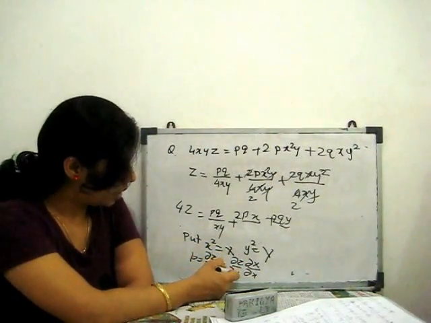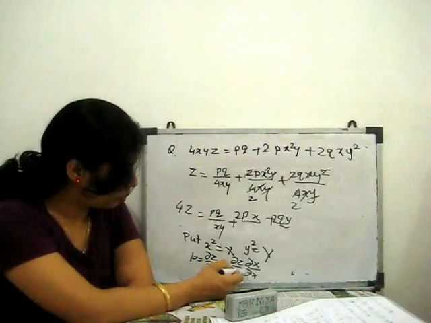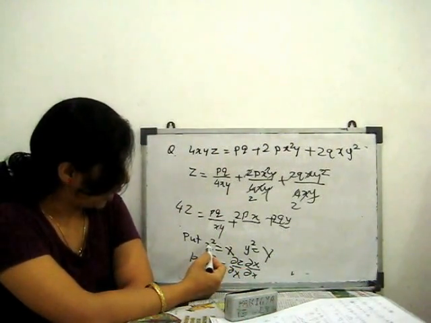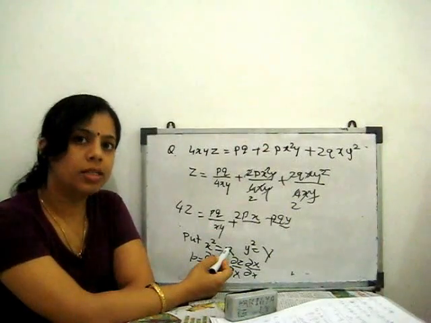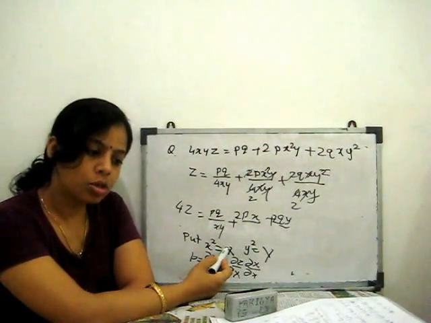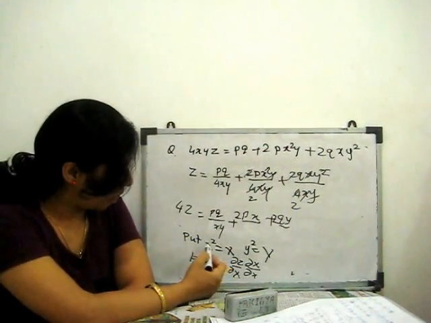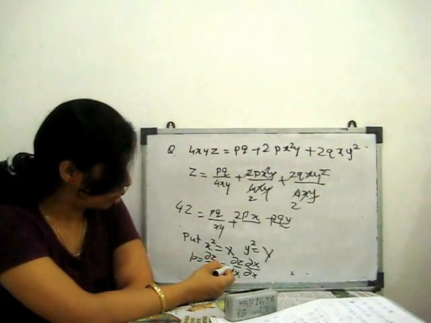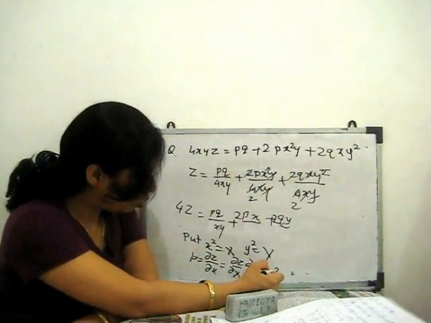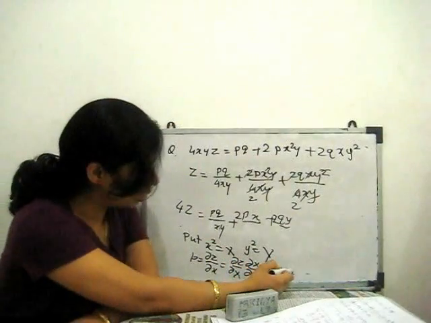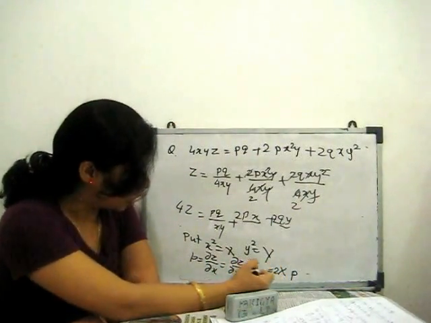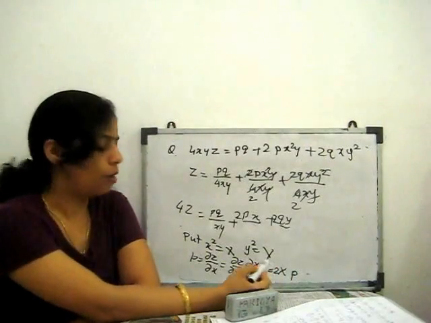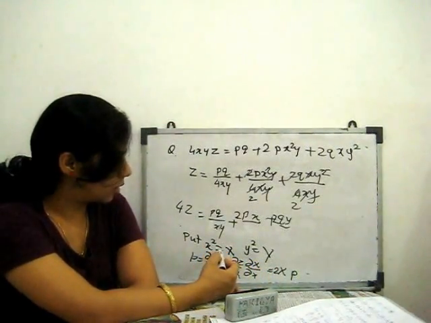So del z by del capital X gives capital P, and from X equal to x square, when we differentiate, del X by del x is 2x. So small p becomes 2x times capital P.